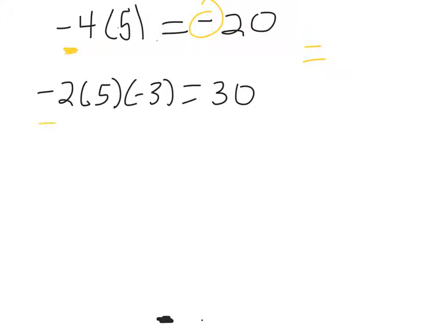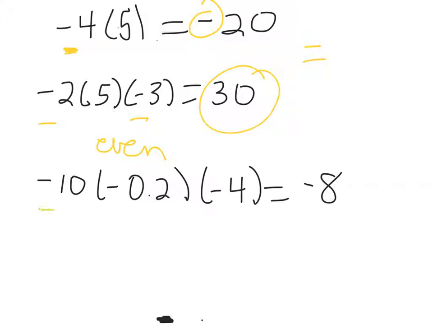Here in this example we have 2 negatives, which is an even amount, and so we have a positive product. On this one we have 1, 2, 3 negative signs. That's an odd amount, and so our product will be negative.